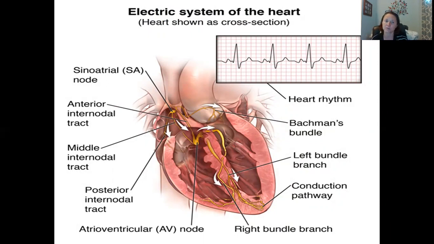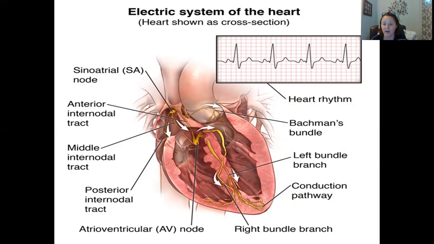This is the first time that you've been introduced to this since you've been in nursing school. We've talked about it. You've probably taken care of patients that were on a telemetry monitor. So now we're going to look at why did they need that, and what does that look like? How to read it. What does it mean for the patient?